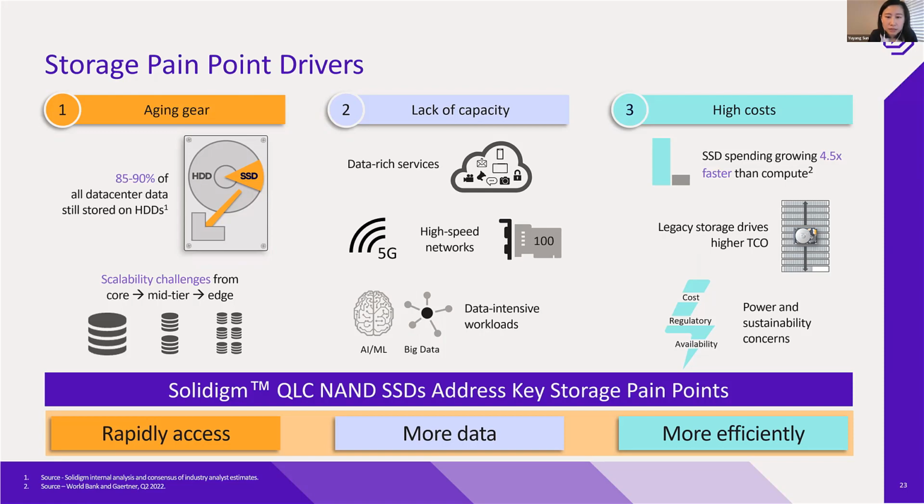And QLC SSD is developed to address all these pain points. For the aging gear, 85 to 90% of data in data centers right now is still stored in hard drives. And as hard drive is slow, even though the dollar per gigabyte cost is lower, it just cannot scale as fast as a lot of data center demands it to be.